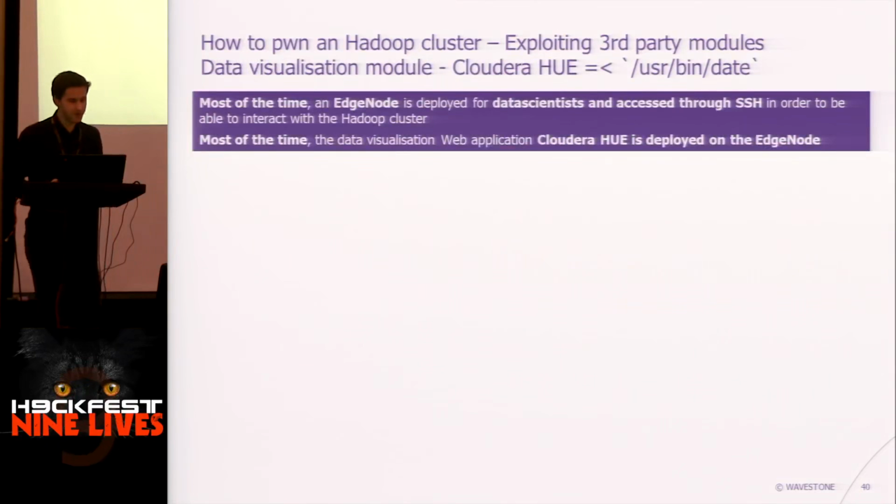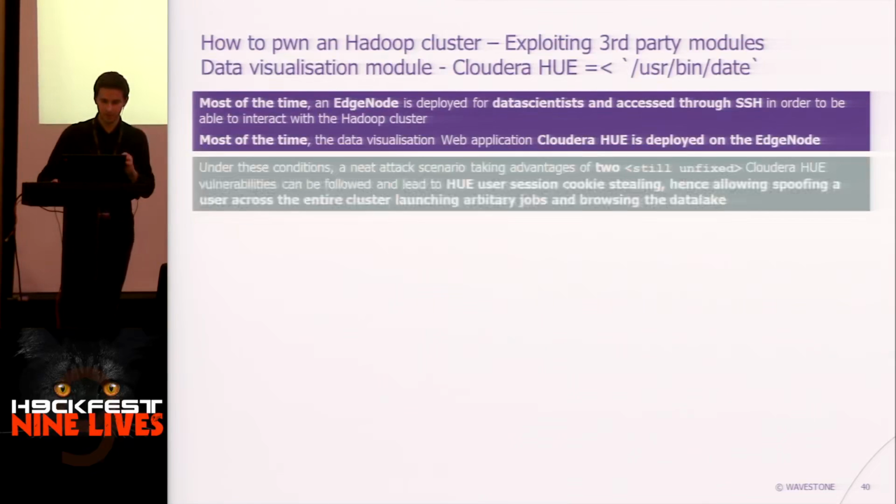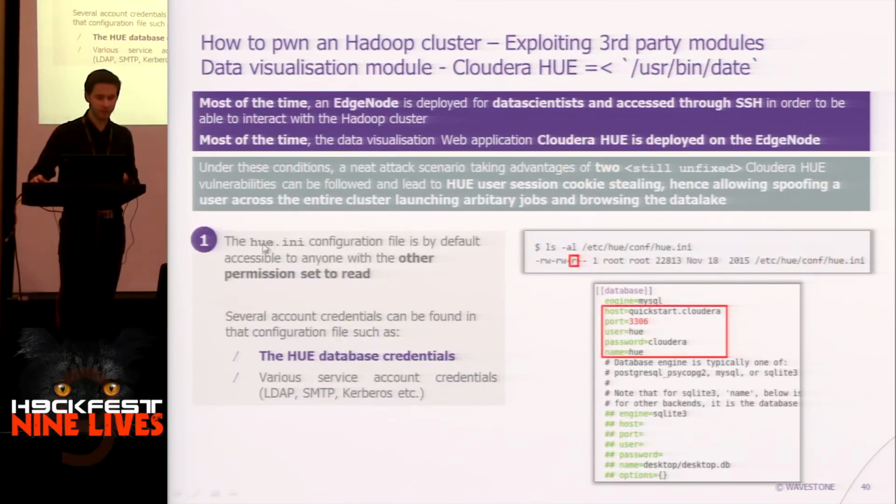For Cloudera Hue, there is another very interesting vector. Most of the time, an edge node is deployed, as I said, for data scientists to access the cluster. Most of the time, Hue is installed on the edge node, which is a wrong design consideration, because there are still unfixed vulnerabilities for Hue. You will see, I'm not even reading this. You can steal any cookie of any user on Hue, because the hue.ini configuration file is readable by anyone.